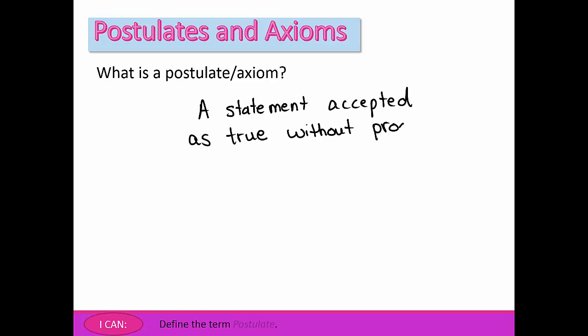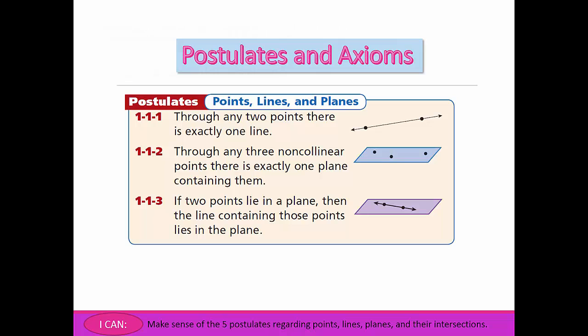And there are certain axioms or postulates that we're going to have in geometry, things that we have to just accept as true, and then we can prove that other things are true based on the fact that these axioms or postulates are true.